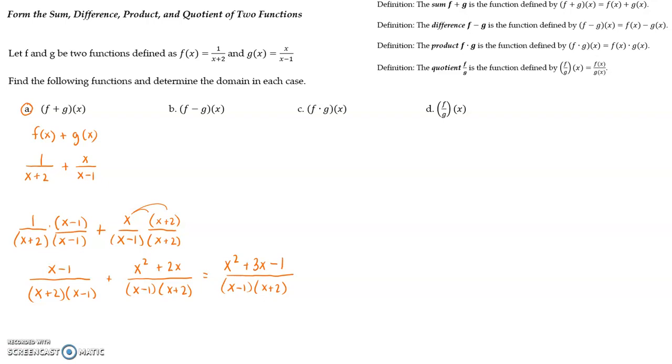Let's take a look at one more of these. Let's look at part D. In part D, we're going to be finding the quotient of two functions. So we have f divided by g of x, and we can rewrite this as f of x on top, and we're dividing this by our function g of x. Let's work with the functions we have. I've got 1 over x plus 2.